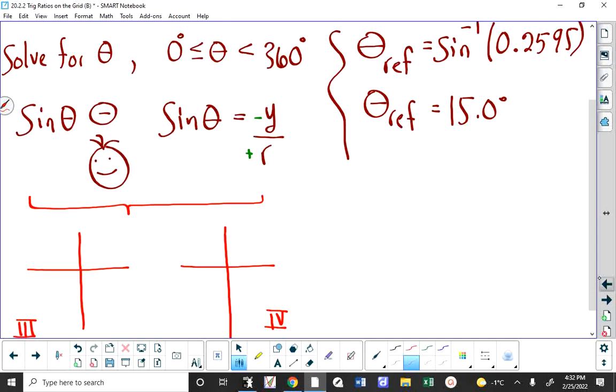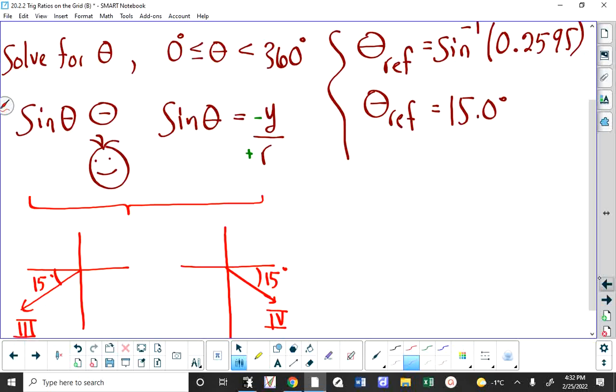And we draw that reference angle of 15 degrees in quadrant 3, and we draw the reference angle of 15 degrees in quadrant 4. Remember what I've told you about reference angles. They don't have a direction. So when I indicate that this is the reference angle, it's not clockwise or counterclockwise. It's just an angle.